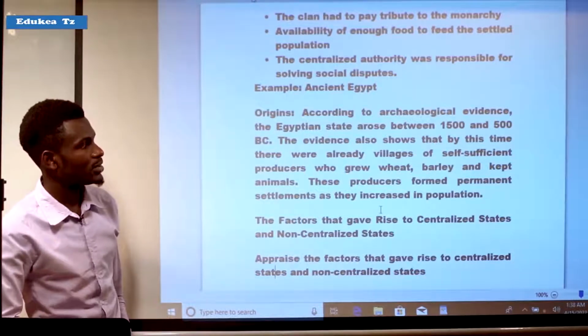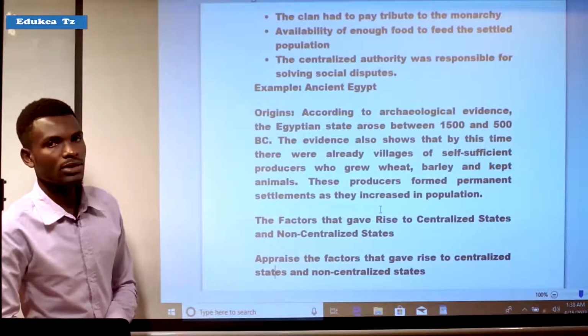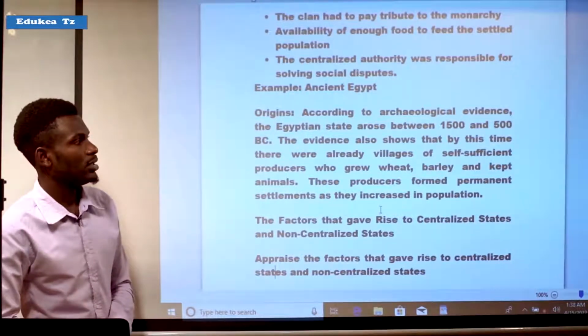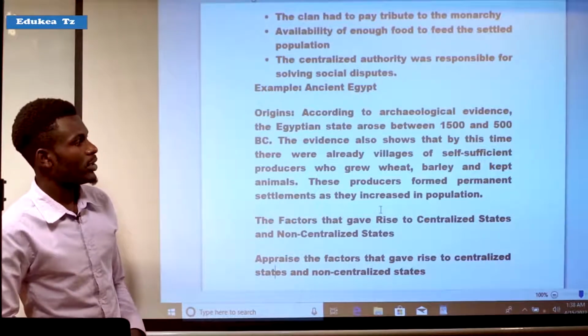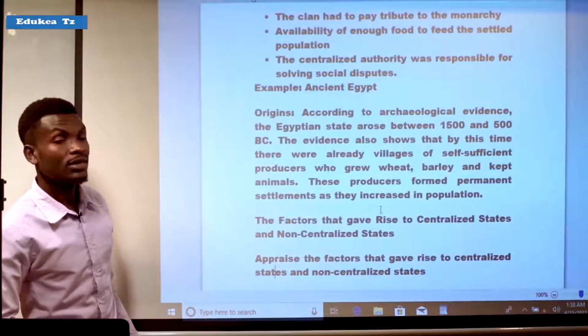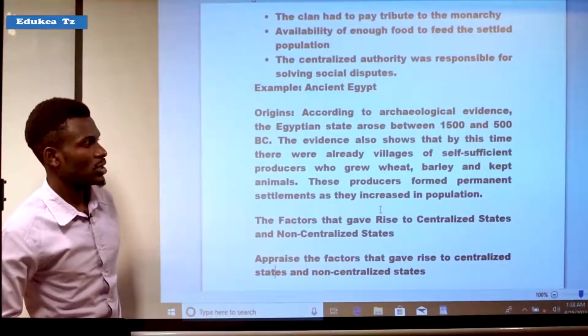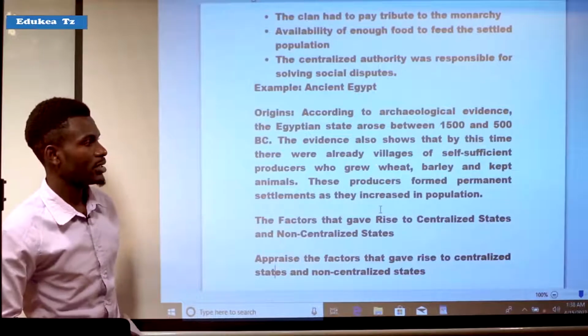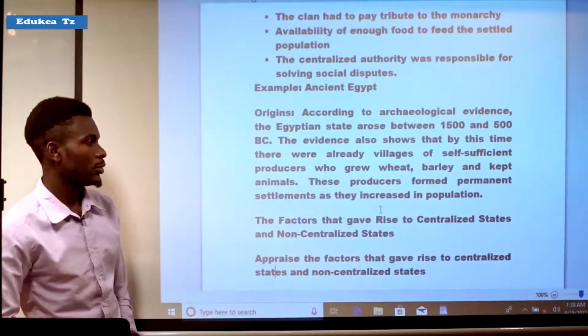So the evidence that shows us there were centralized states in Africa is that there were societies producing different food crops like wheat and barley, and keeping animals.